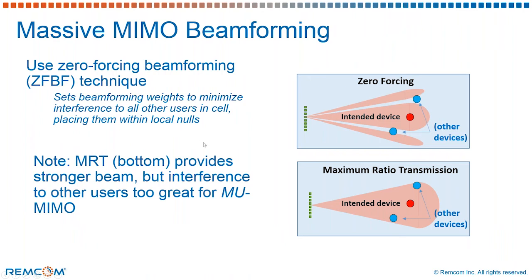The second, maximum ratio transmission, simply tries to form the strongest beam that it can to one of the intended devices without any concern for how much this may cause interference to other devices. This second technique causes a great deal of interference and is not the best way to form the beams for multi-user MIMO or MU-MIMO, but it works quite well if there's only a single user.